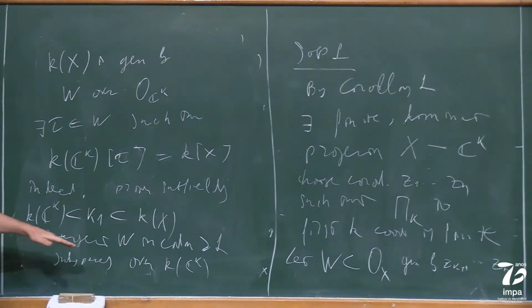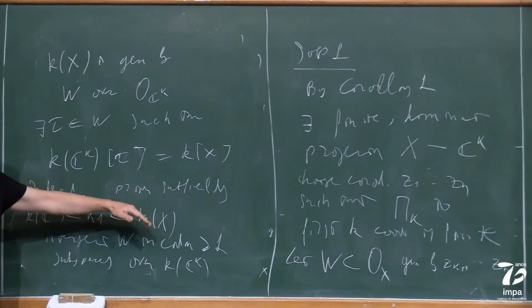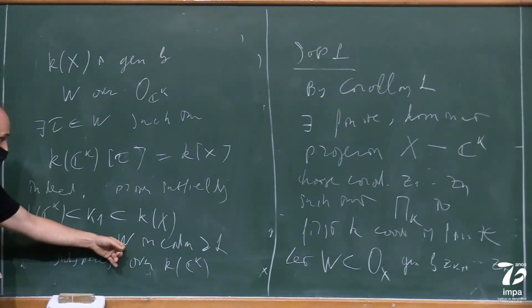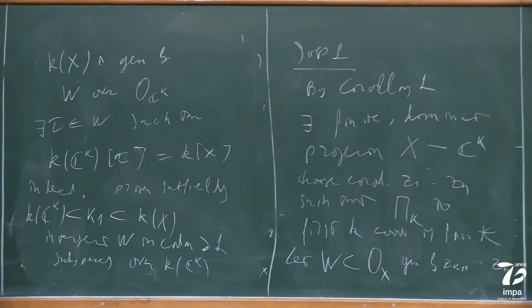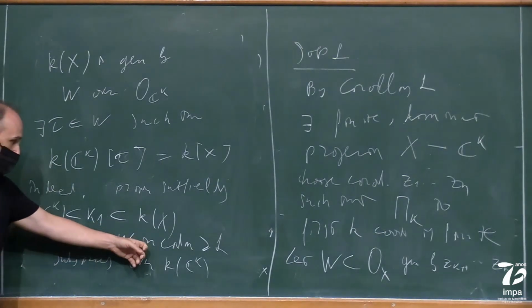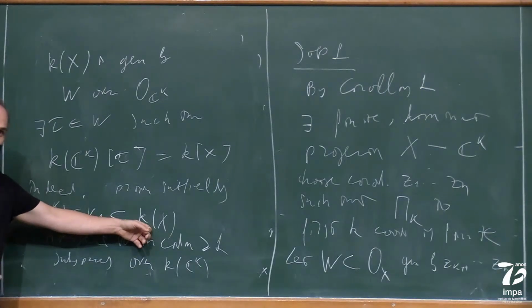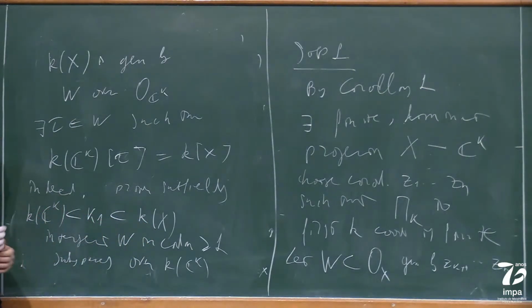Indeed, W generates everything, so a general element cannot belong to a proper subspace, because W generates K(X) and these are proper. Then you take W without this union of K_i, and it's non-empty.